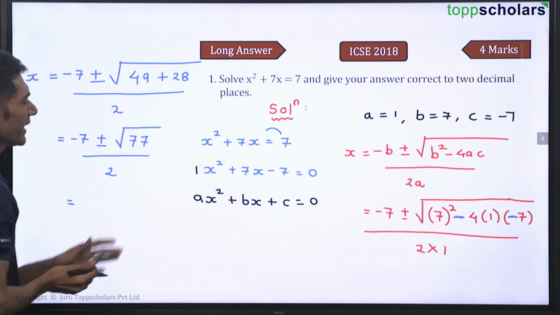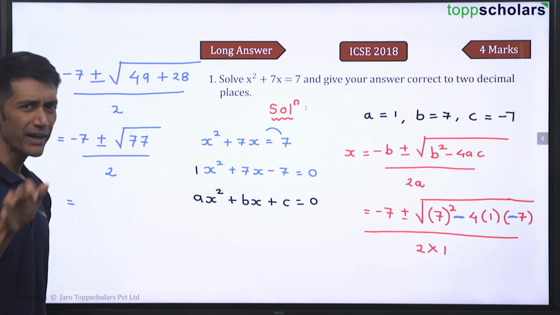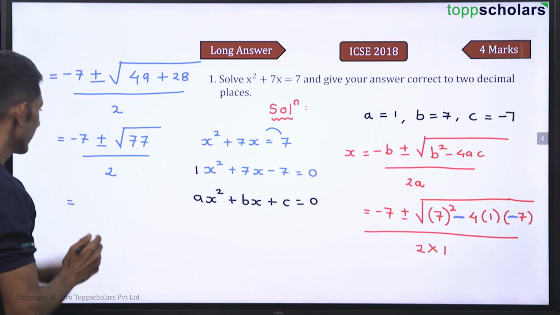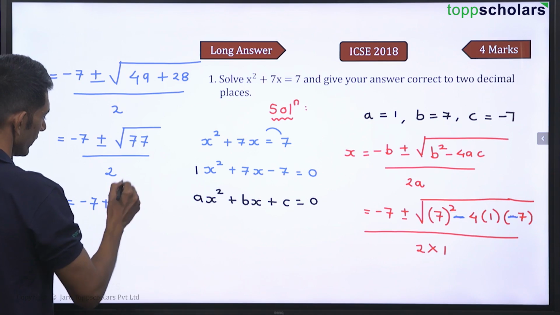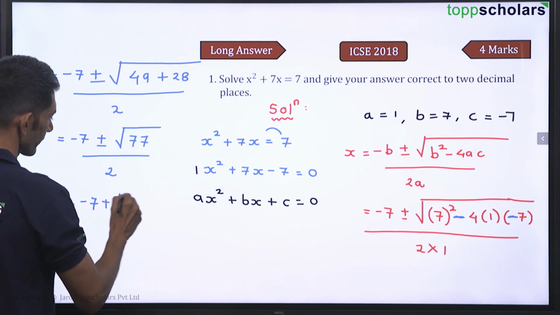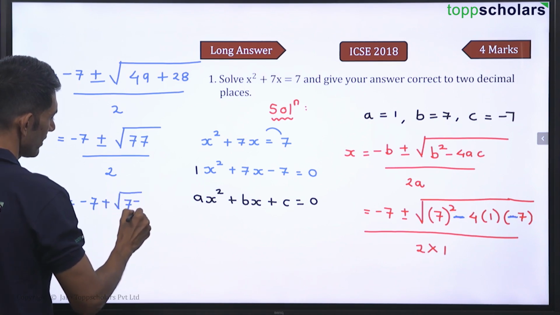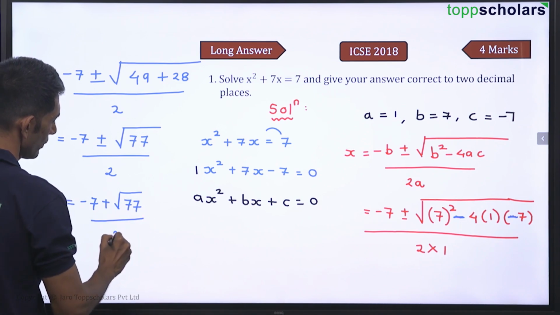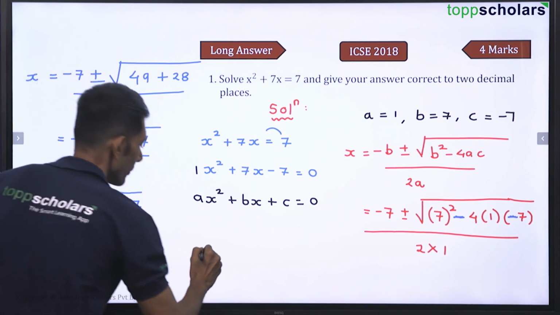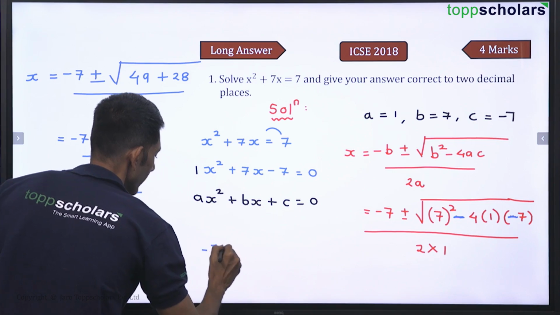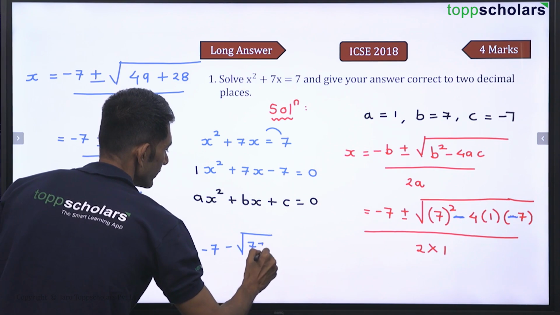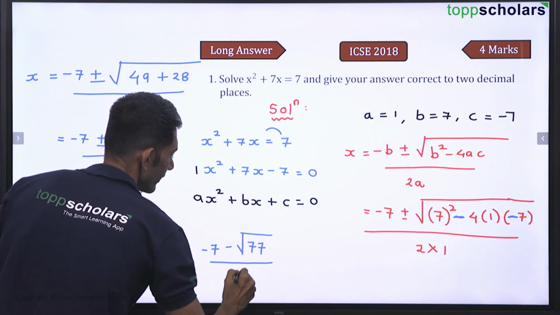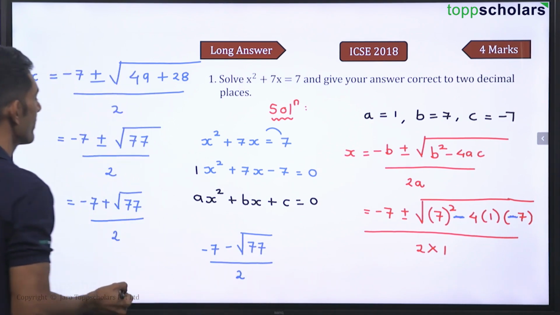Now you know how to find out the square root, right? You can find out the square root by long division method. So further you get minus 7 plus under root 77 by 2 and then you have minus 7 minus under root 77 divided by 2.